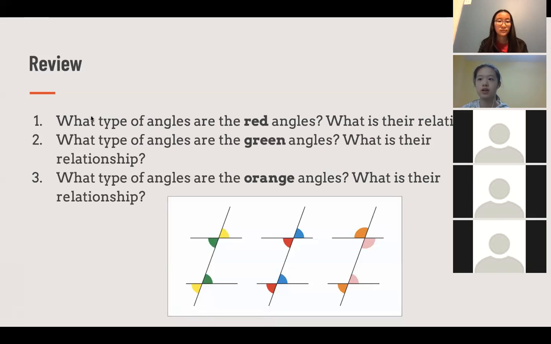Yep, they are same side exterior. But what's their relationship?